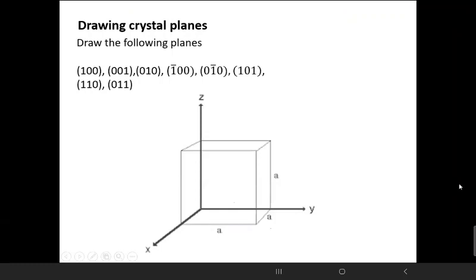For this part, I am going to explain how to draw the crystal planes. You have to take down your notes because I am going to explain the methodology of drawing the planes. The methodology I could not share, the final answer I can share. So you have to note down the methodology, that is very important.